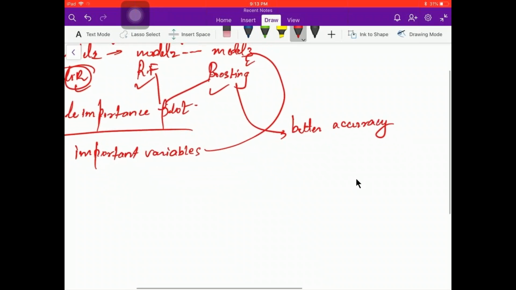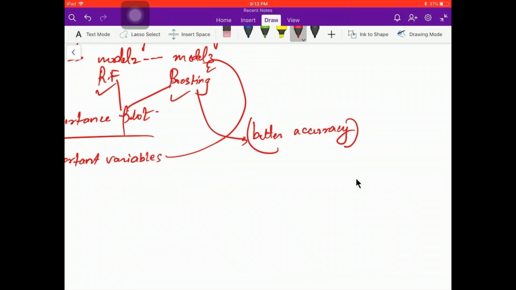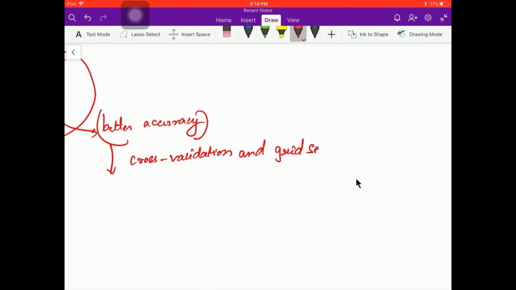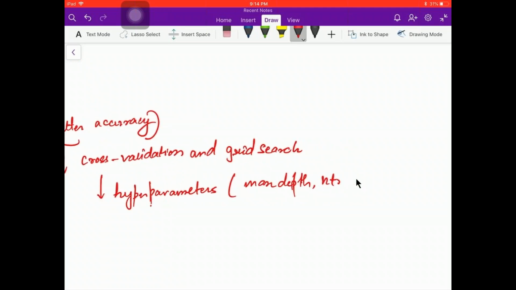Okay. Now, once you have this model ready, now we just have the variables. After that, there is a step called cross validation and grid search, which will give you the hyperparameters, which is the max depth, entries, and all.